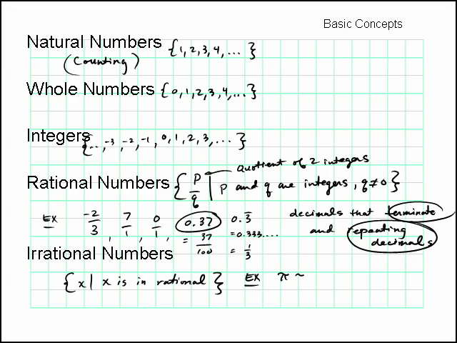Pi, written as a decimal, would go on randomly forever, 3.141592, and so on. It does not terminate, it never stops, it's infinitely long, and it never starts repeating itself, and so it's a non-terminating, non-repeating decimal, and that makes it irrational.